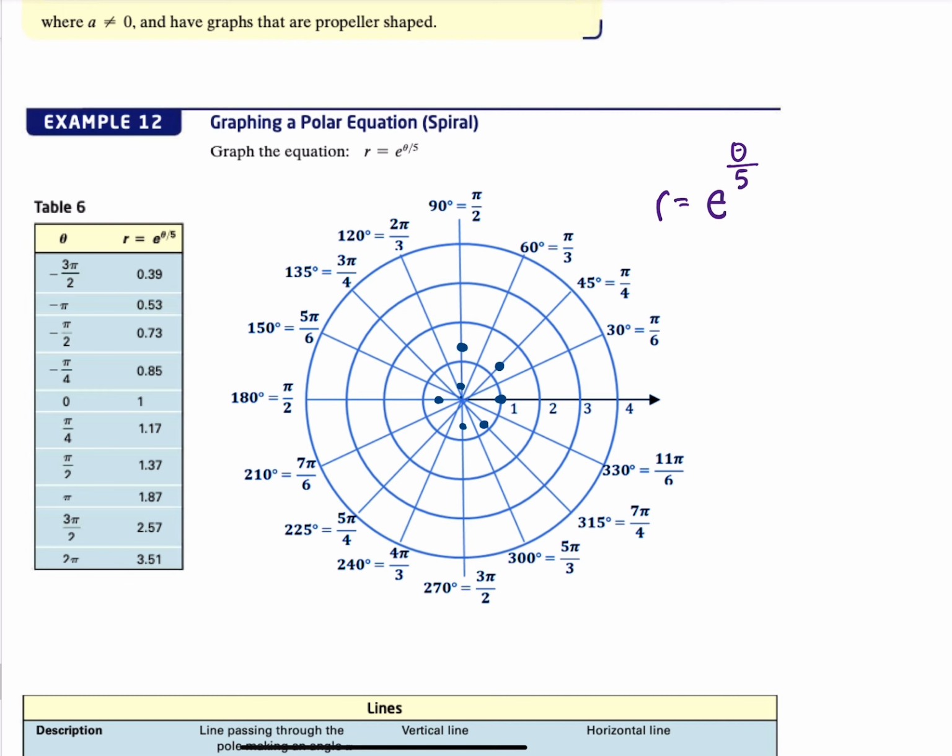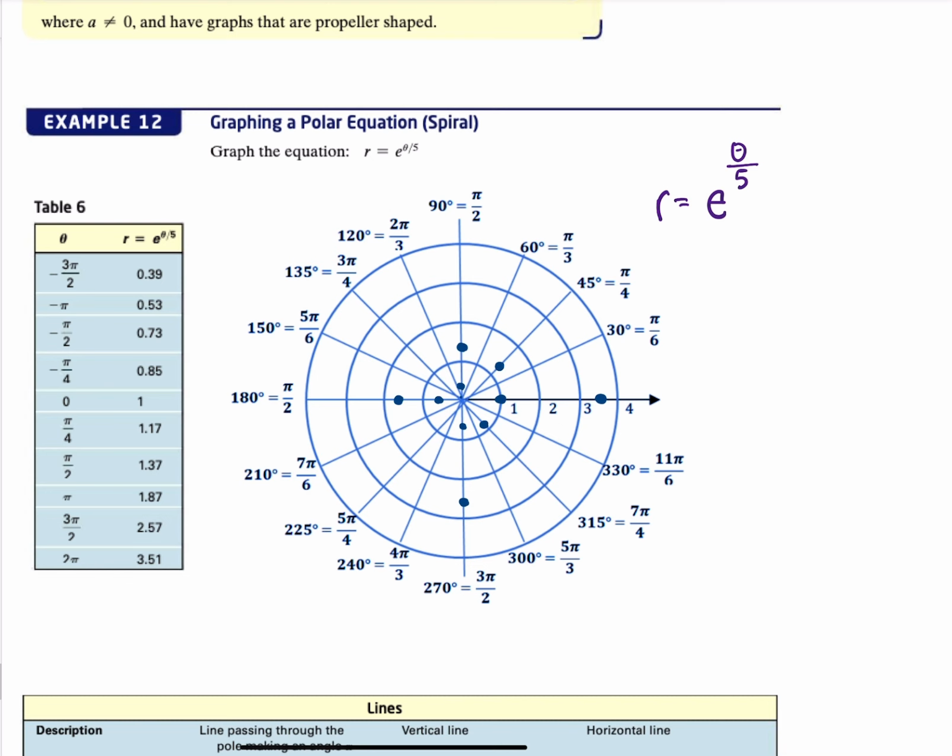Pi, 1.87. 3 pi over 2, 2.57. So something like that. 2 pi, 3.51. And on from there. So check out this pattern. We started here, and we get a really nice, beautiful spiral shape.